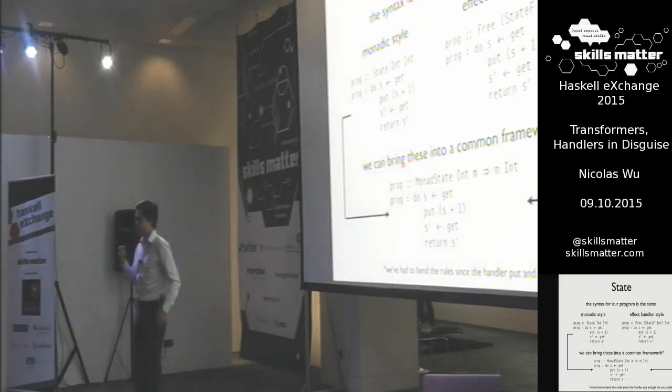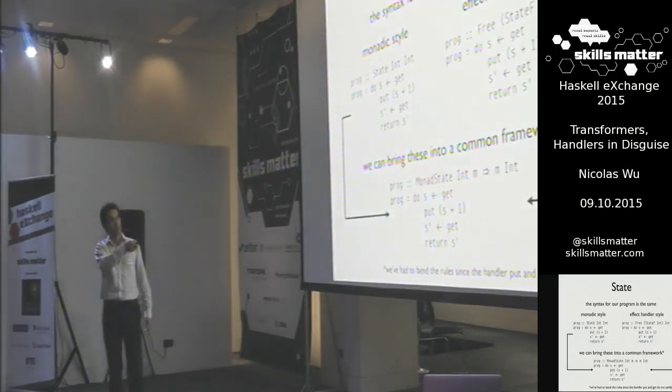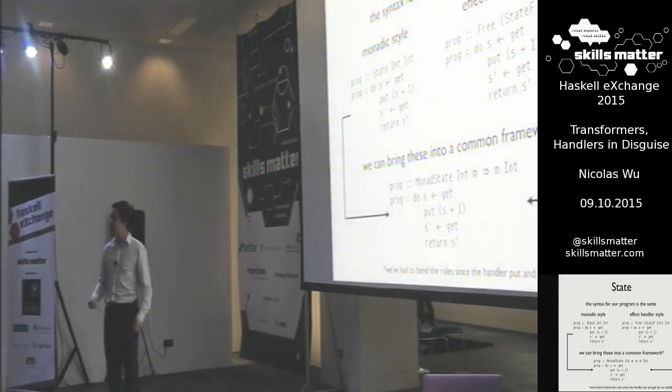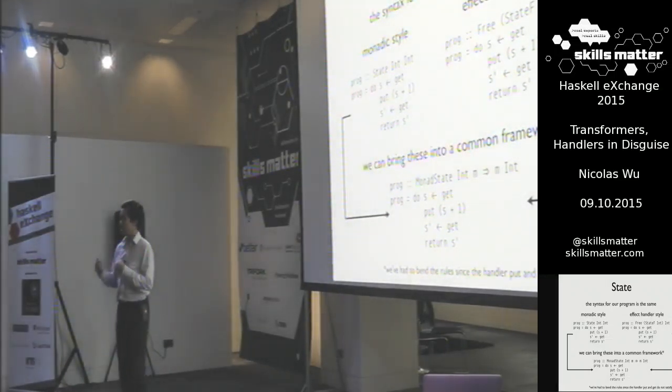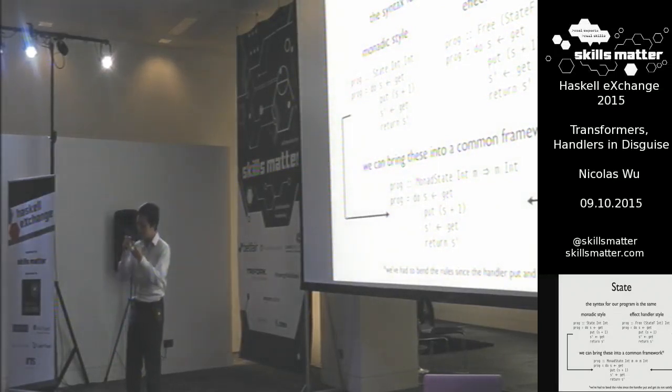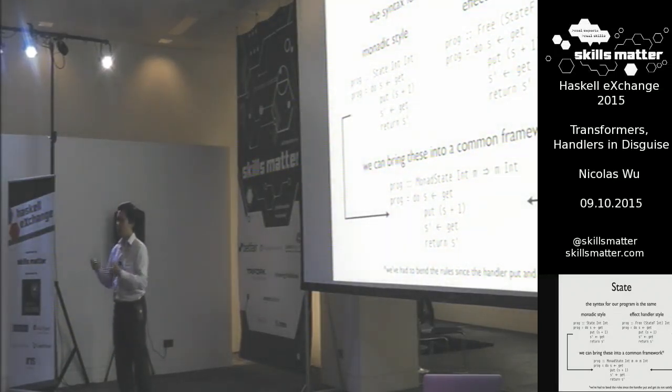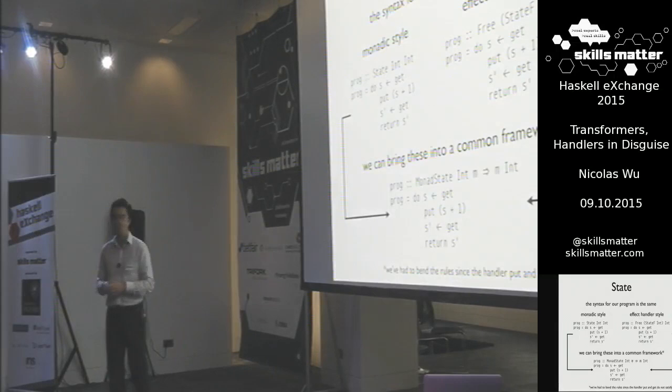They're not satisfied because you can distinguish between the piece of syntax that says get and the piece of syntax that just says get. And that's one of the laws that you'd want to have satisfied. So the fact that you can distinguish the syntax means that the laws are fundamentally not holding in the way that you'd expect them to. But modulo the semantics, it should all work out.